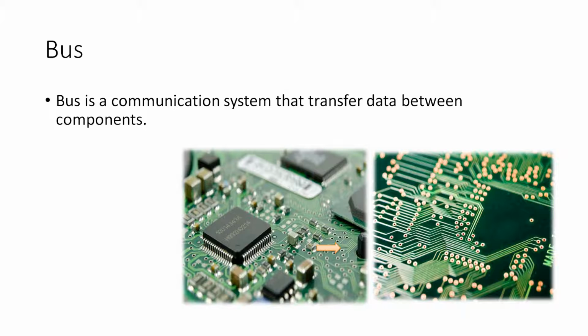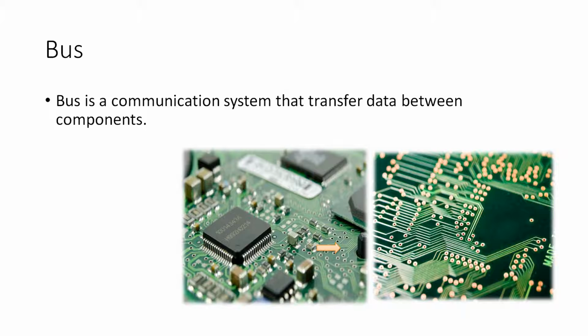Bus. A bus is a communication system that transfers data between components. Here in the diagram we can see all these small golden chip points and the lines shown on the circuit board; these are called the bus.